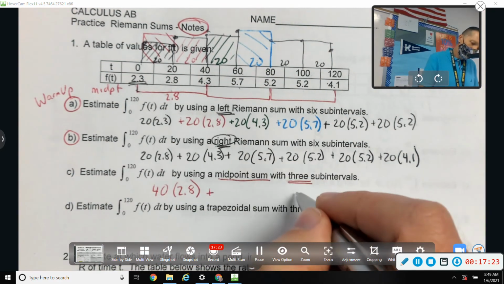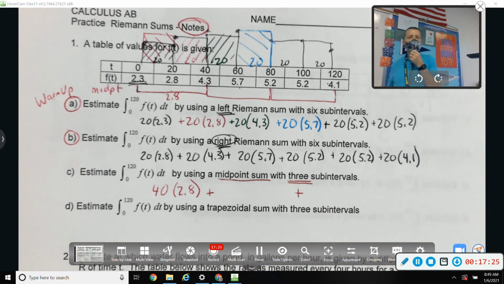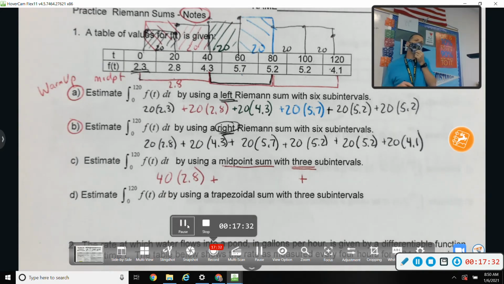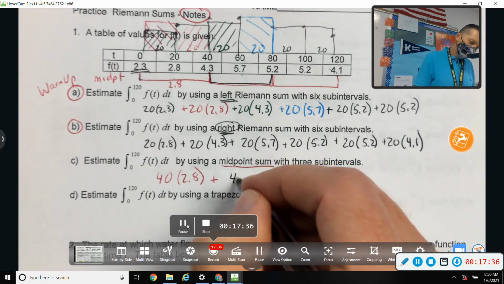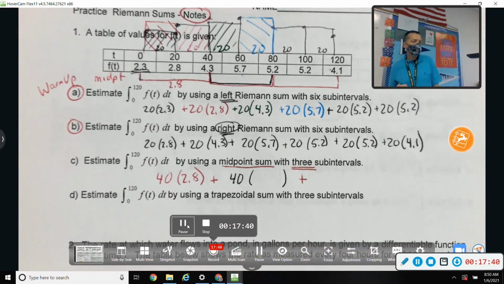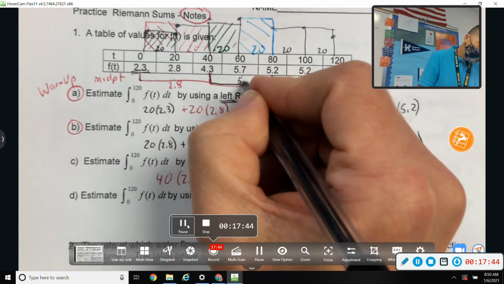Now you should have 2 more rectangles. See if you can figure out what the 2 more rectangles are. Nick, tell me how wide is that next interval? 40. Somebody else tell me what height we'll use for that interval. 5.7. We'll need to use the midpoint height.